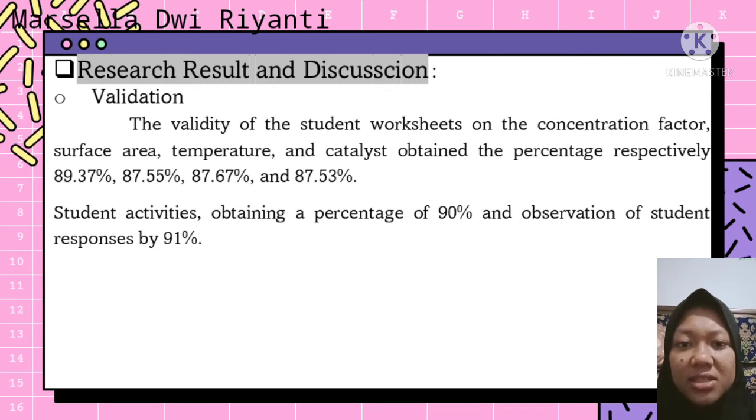Student activities obtained a percentage of 90% and observation of student response 91%.